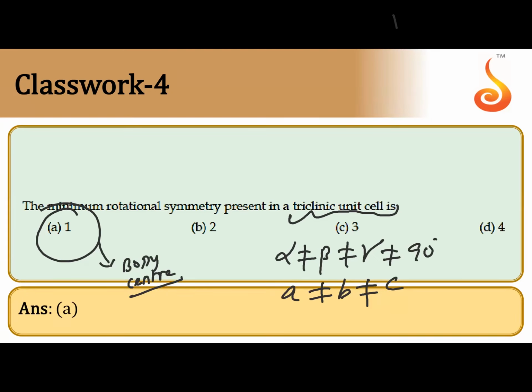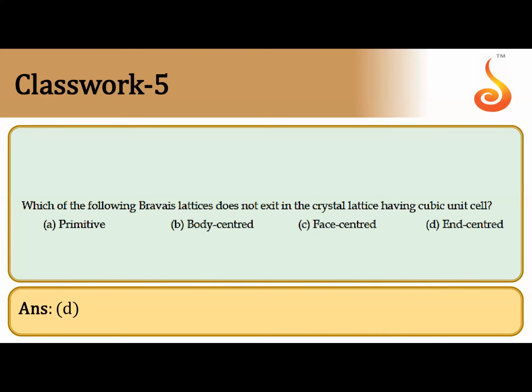Next, question number 5. Which of the following Bravais lattices does not exist in a crystal lattice having a cubic unit cell? In the cubic unit cell, Bravais lattices primitive, body-centered, and face-centered are included; end-centered is not included. You should know what end-centered is.